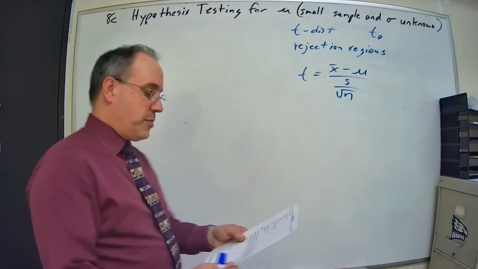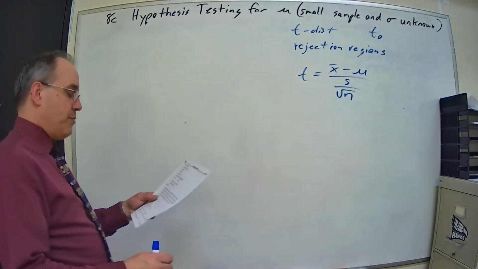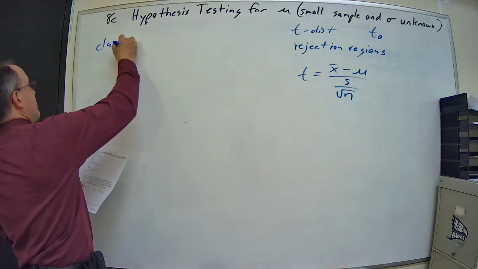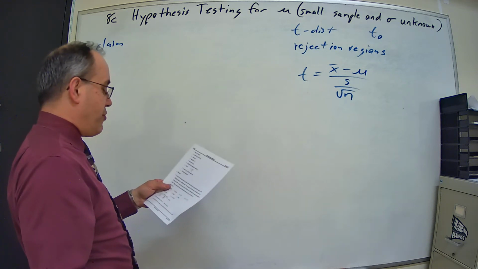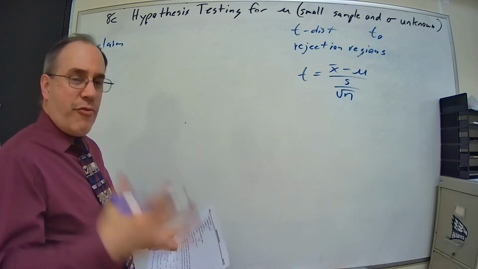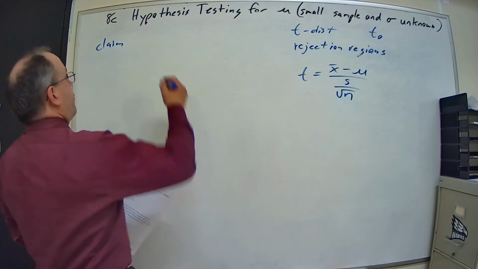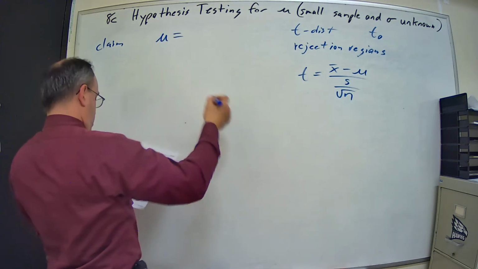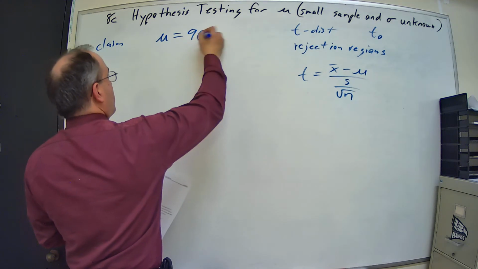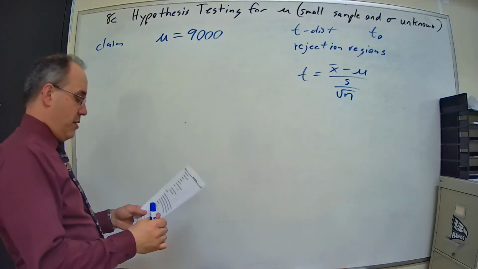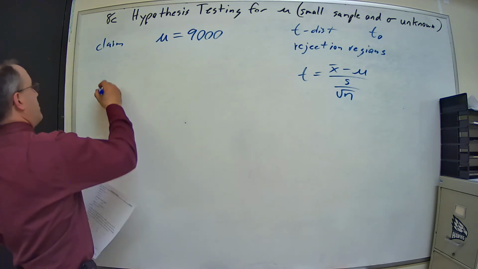Okay, so let's pull some stuff out of this. A cough drop manufacturer claims that the number of cough drops sold by the average pharmacy is 9,000 per day. Average is equals. So they're claiming that mu is equal to 9,000 per day. You sample 12 pharmacies.